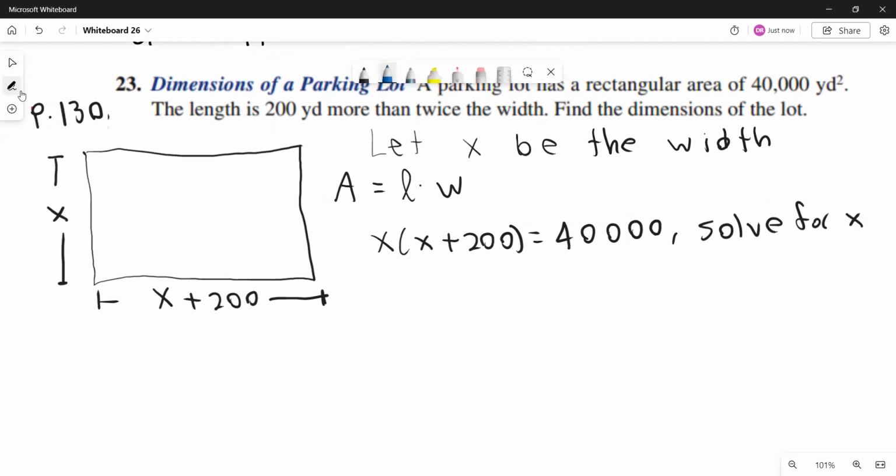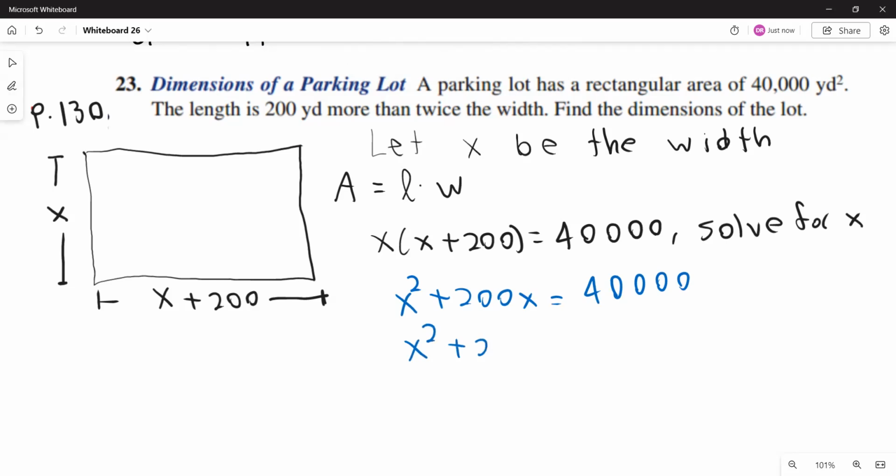Okay, so let's solve the equation. So that's x squared plus 200x equals 40,000. That's another equation that can be done by factoring. We're looking for two numbers whose product is negative 40,000 and whose sum is 200. Okay, I'm missing something.